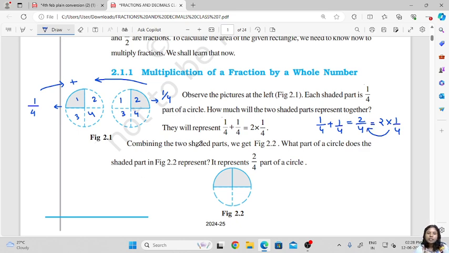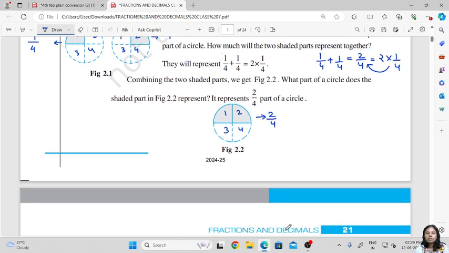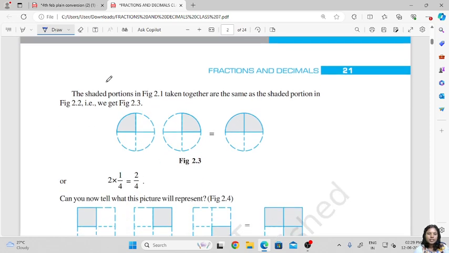Combining the two shaded parts, we get figure 2.2c. In that, two parts are shaded. There are 1, 2, 3 and 4 parts again, and 2 parts are shaded, so it will be 2 by 4. Now in this example, the shaded portions in figure 2.1 taken together are the same as the shaded portion in figure 2.2.